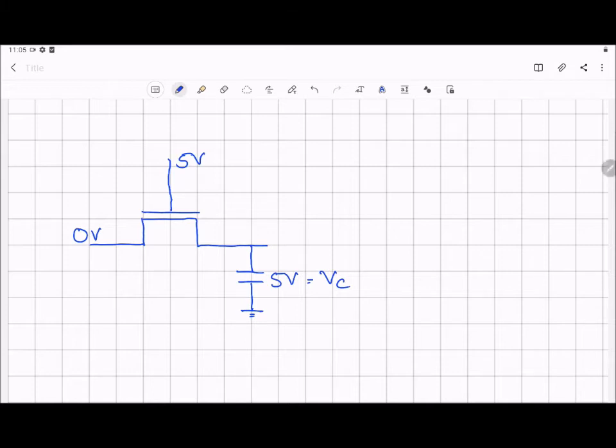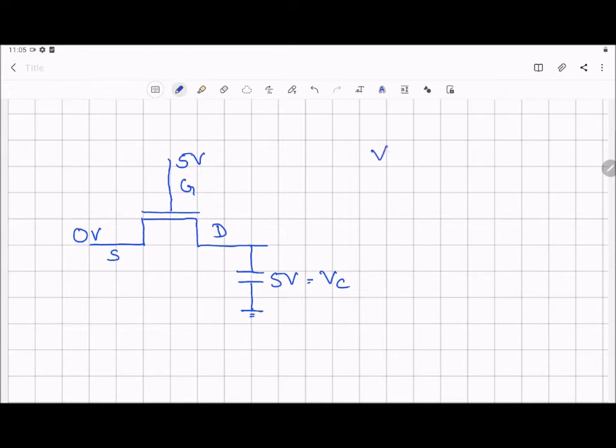So first thing I can say is that the 5 volt terminal is known as drain, the 0 volt terminal is known as source, and the gate is very easy to find.